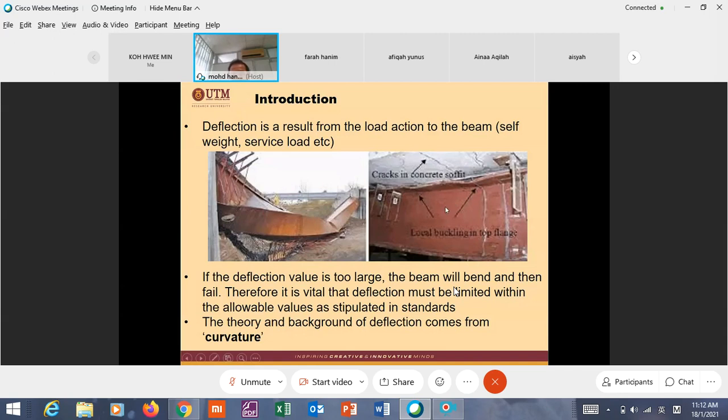Because it deflects excessively. So we don't want this to happen, and we must control the deflection by calculating first what the deflection is supposed to be. If from the calculation before the construction the deflection is too much, then we have to enlarge the section. Okay.